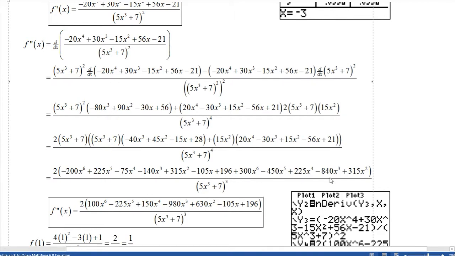Negative 140x cubed minus 840x cubed is negative 980x cubed. That's good. 315x squared plus another 315x squared is 630x squared. And then we've still got these two terms right here that don't combine with anything, so they come straight down.